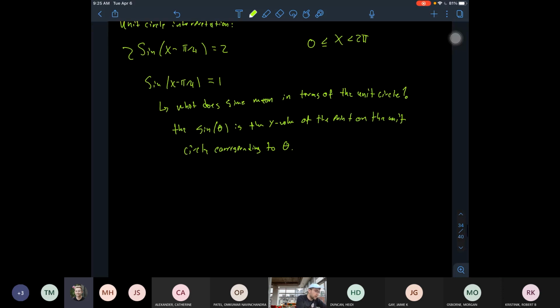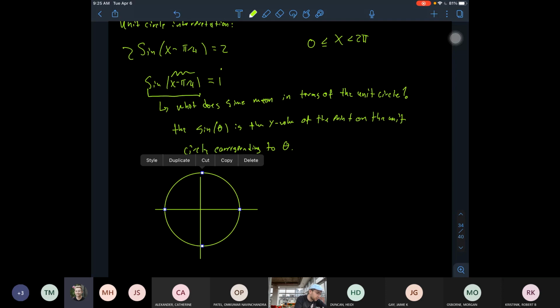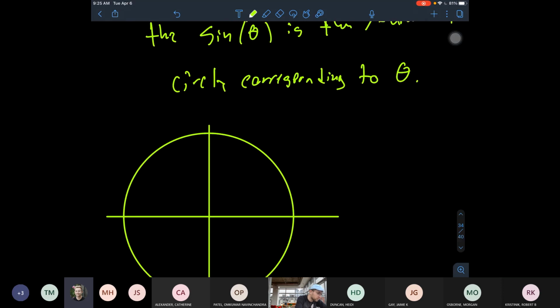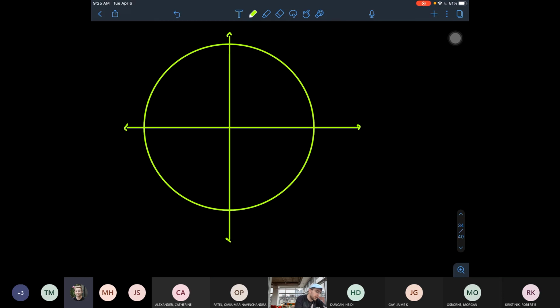Okay, so we have an angle here, and the sine of this angle outputs the value 1. So in terms of the unit circle, what we're going to do is the following. We are going to search for an angle theta which is between 0 and 2 pi, which remember are both facing in this direction.